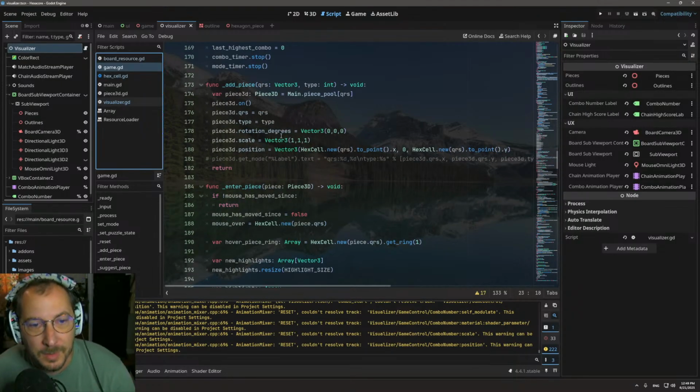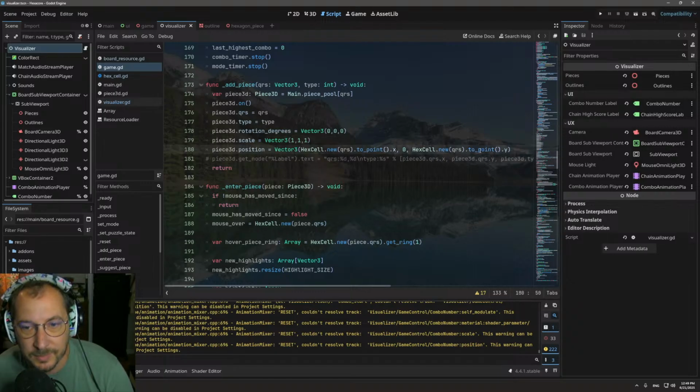Here we go. So our scale is this. It's just 1. Position to point X. So we're not translating, it's all one to one.